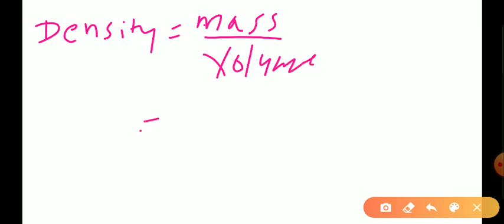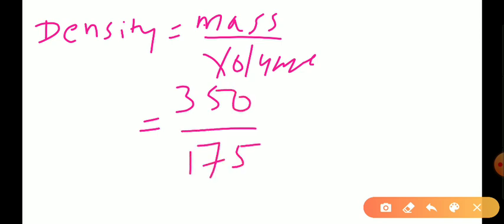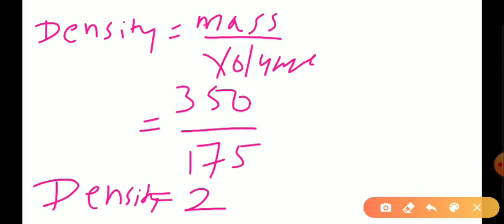So mass they have given, that is 350 kg upon volume is 175. So when we will divide it, we will be getting 2 as a density. And 2 will be in the unit kg per meter cube. So this is about 5.1.